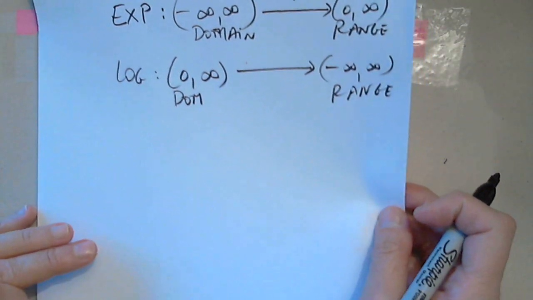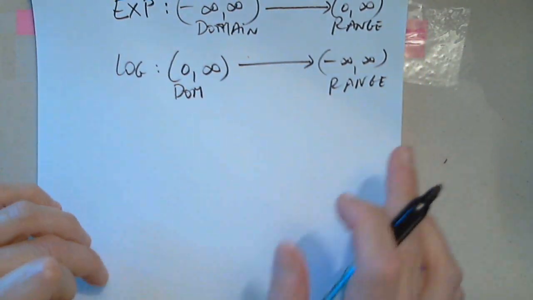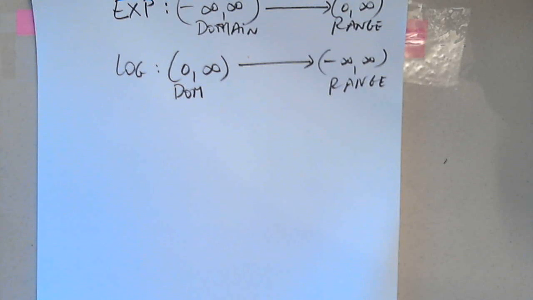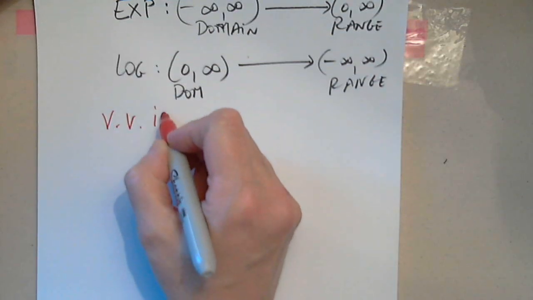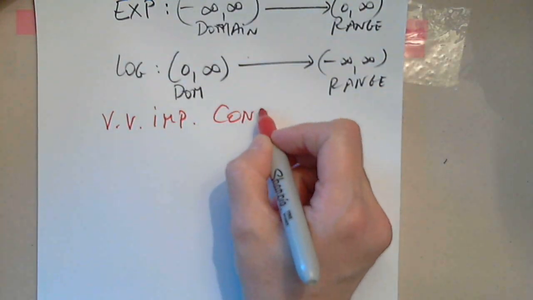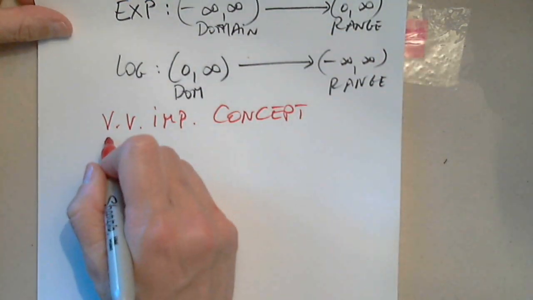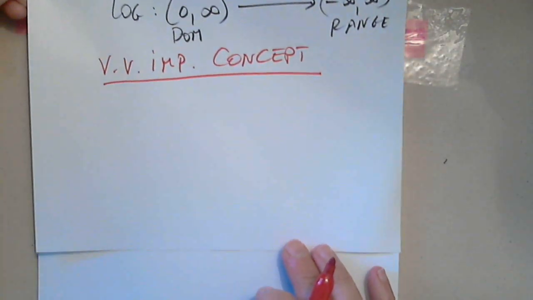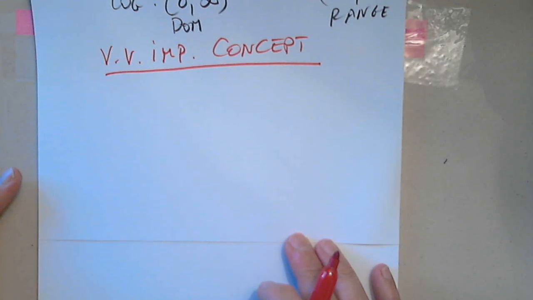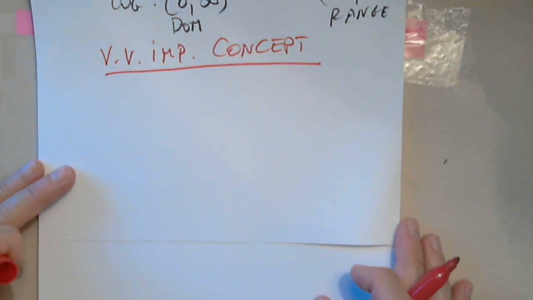The most important concept in this chapter. First, I would like to write it in plain English. Very, very important concept. It's the basic of everything we're going to look at moving forward. It's the foundation.